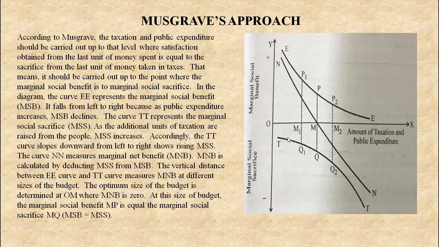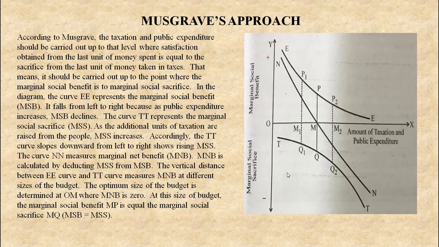Now see the vertical distance between the EE curve and the TT curve; it measures MNB. Here, look at the distance between the MSS and MSB curves. EE is the MSB curve and TT is the MSS curve, and in between, NN is measuring the net, so marginal net benefits. The vertical distance between the EE and TT curves measures MNB at different sizes of the budget.